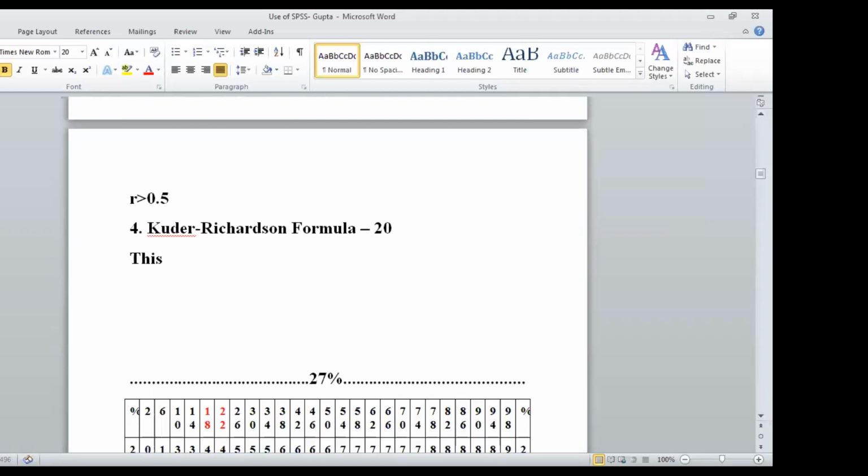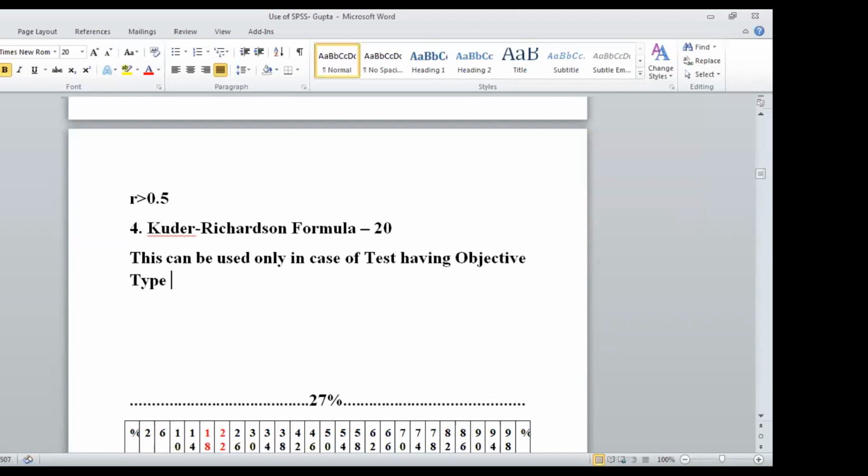Now this can be used only in case of tests having objective type items.